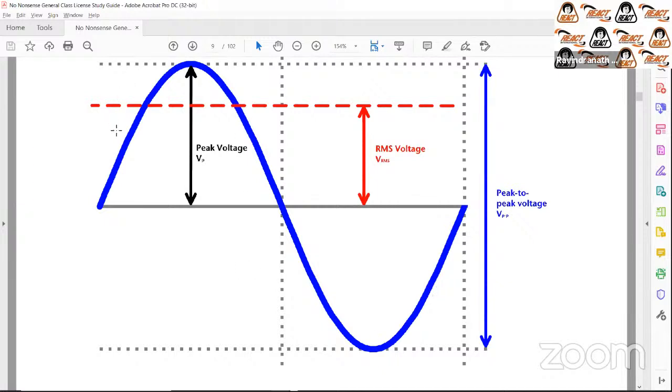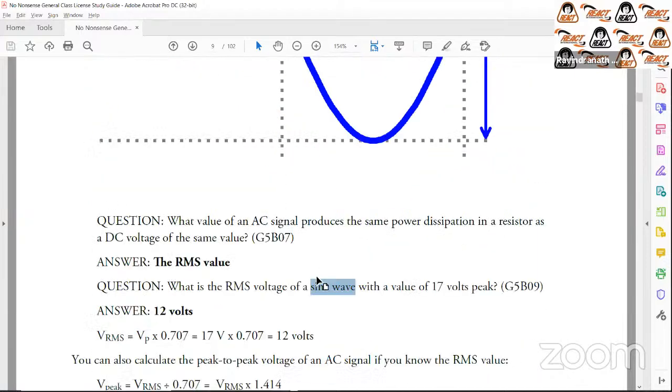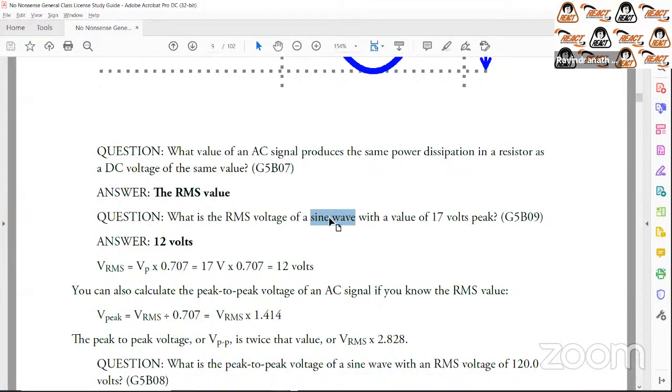This wave that you see on your screen, when you see a wave that looks like that, that is called a sine wave or a sinusoidal wave. They put that into the question to try to trick you, but we are not tricked easily, are we? They want to know what is the RMS voltage. And remember, when we talk about RMS voltage, quite often we are in fact referring to AC or alternating current. They're just tricking us here by telling us about a sine wave.